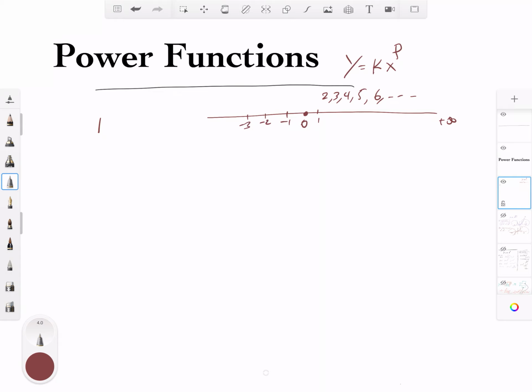Now let's see if it's 1, what do we get? If p equal to positive 1, we're going to get y equal to x. So we're going to get the line. If p equal to 0, we're going to get y equal to x to the power 0, which is 1. We're going to get a horizontal line.